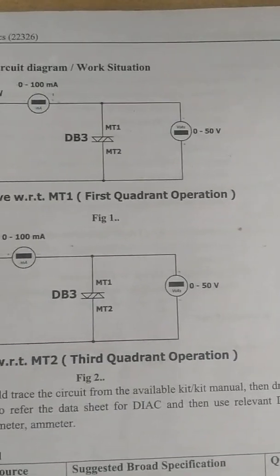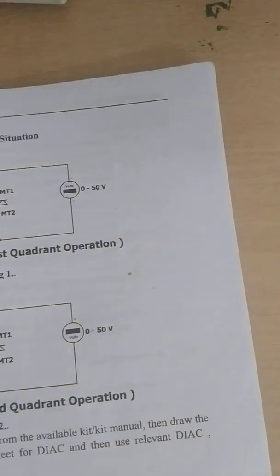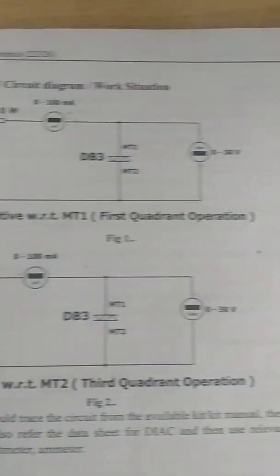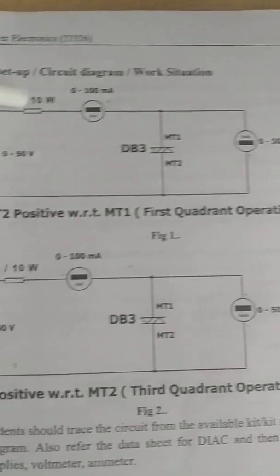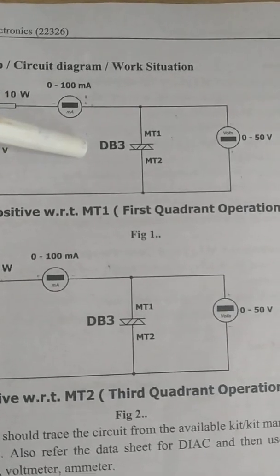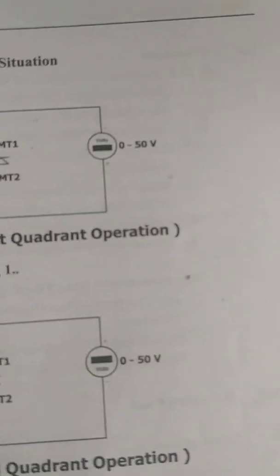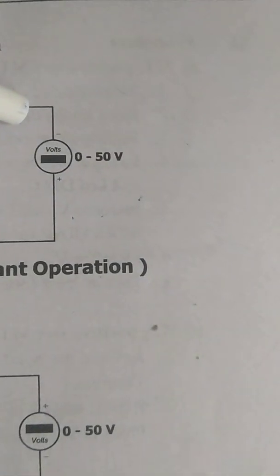It is having input supply 0 to 50 volt, resistor, this is milliammeter, DB3 diode, and it is voltmeter for measurement of voltage.